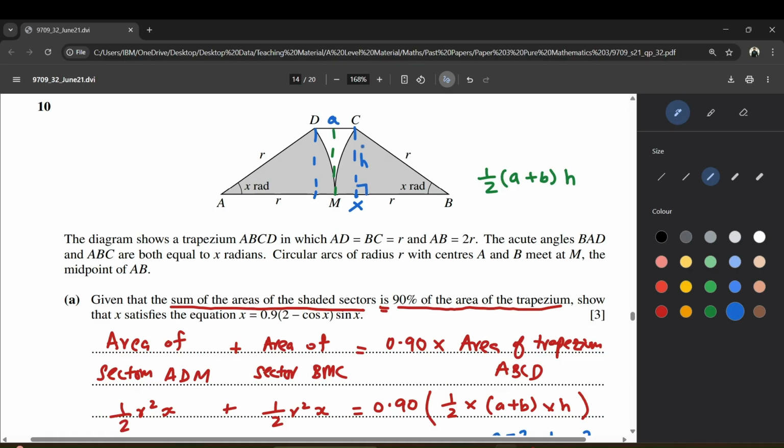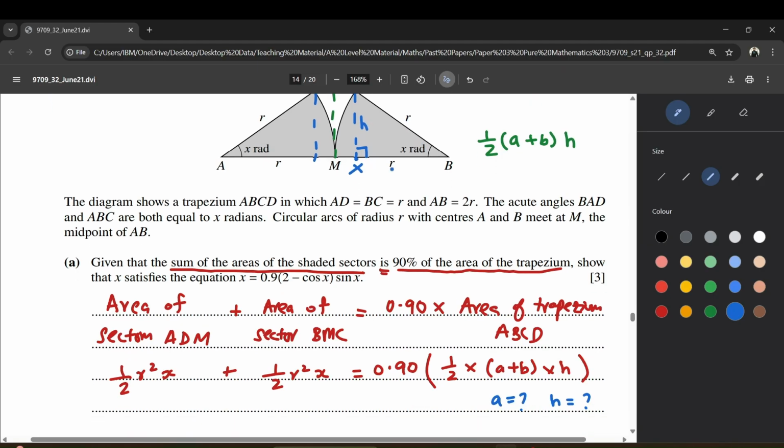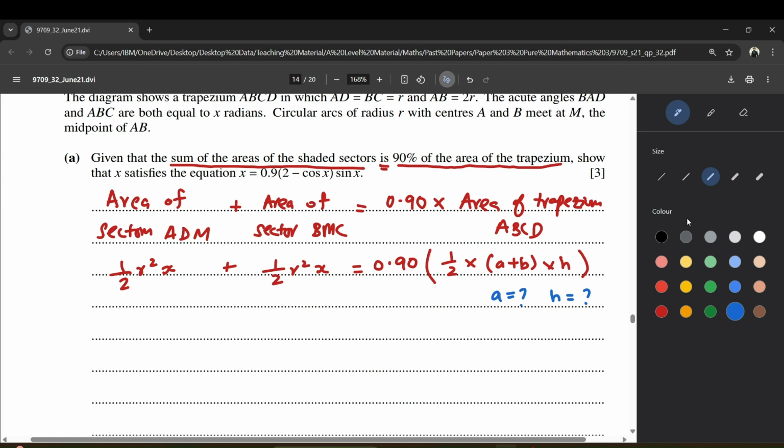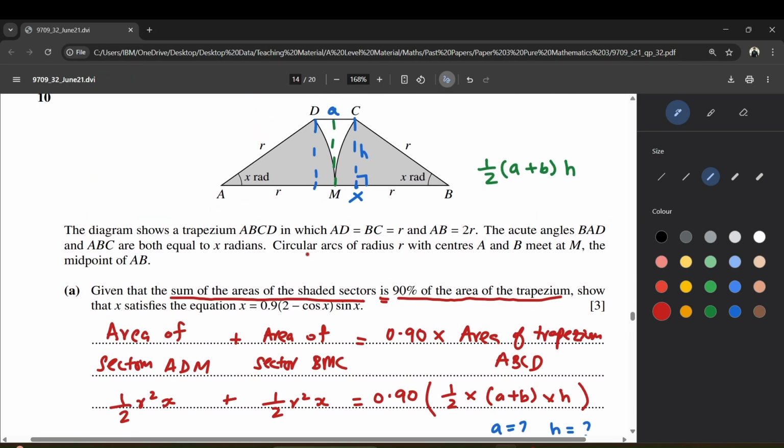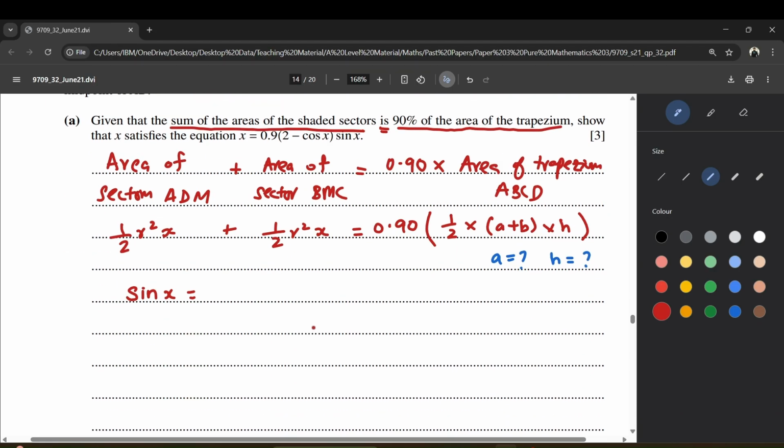Okay, we need to find an expression for H. So this is the opposite side, and we know BC because that is the length, right? So that is the hypotenuse. So opposite upon hypotenuse, we can use sine theta, right? So if I say that, I can write that sine x will be equal to opposite over hypotenuse. So opposite is h and hypotenuse is r, so that will be h upon r.